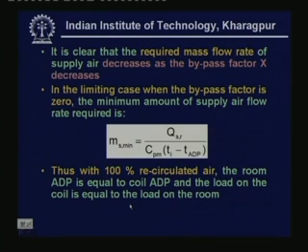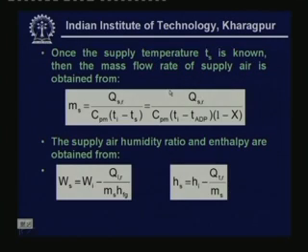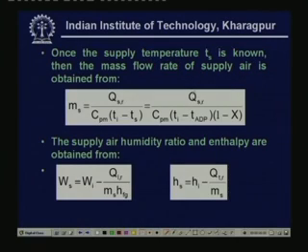Now, from the equation it is clear that the required mass flow rate of supply air decreases as the bypass factor X increases. If everything else is fixed, as X increases, this also increases.